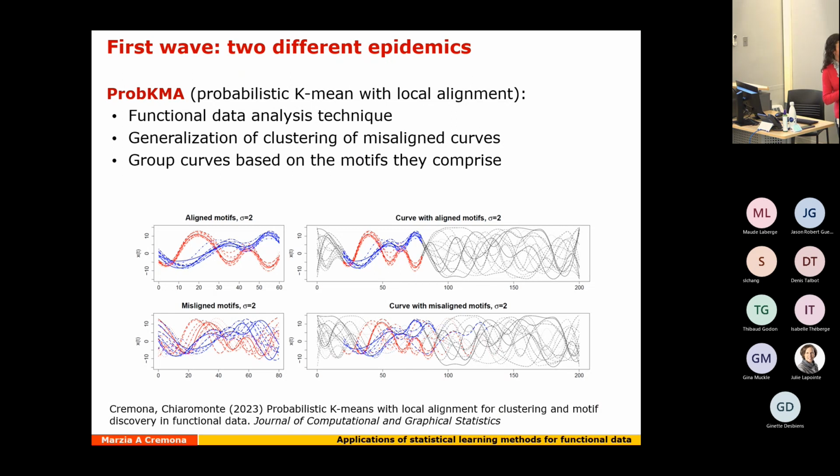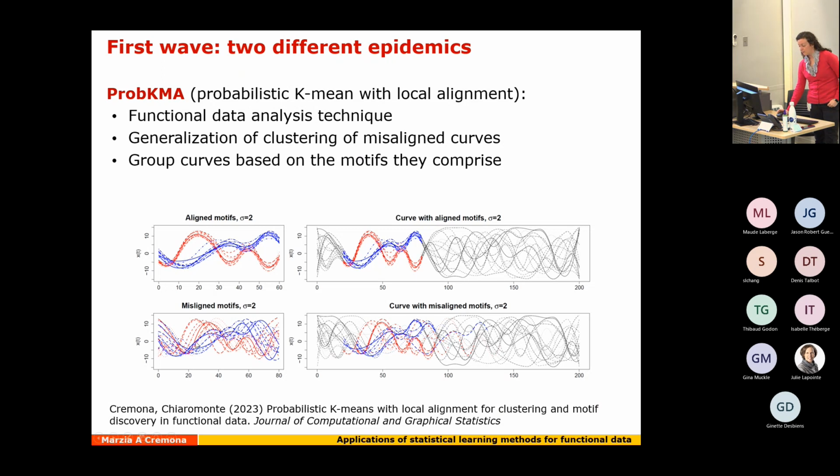This slide is a bit technical, so I'll try to make it simple if I can. The idea here is that in functional data, we can have many different types of groups and of clustering. The most simple one is this case over here, in which we have two groups of curves. The curves are aligned, so we only need to find the two groups.